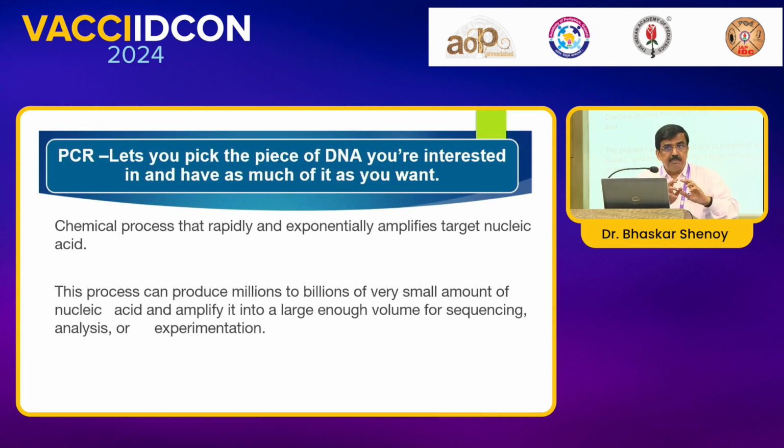PCR, in simple words, lets you pick the piece of DNA you are interested in, and you can study as much as you want. It is a chemical process wherein you amplify the target nucleic acid, and you make as many copies as possible. Something like a Xerox machine, where you take more copies and try to study them.